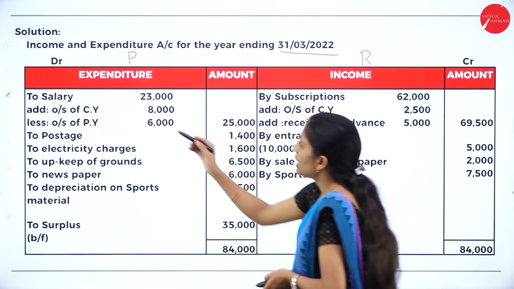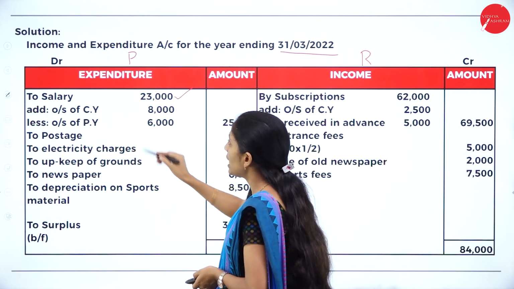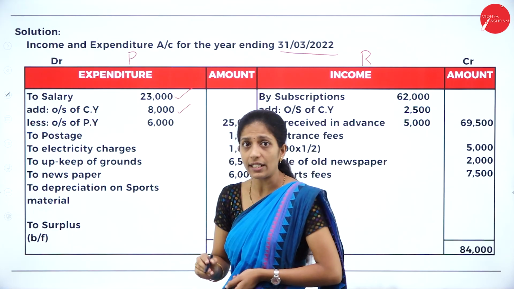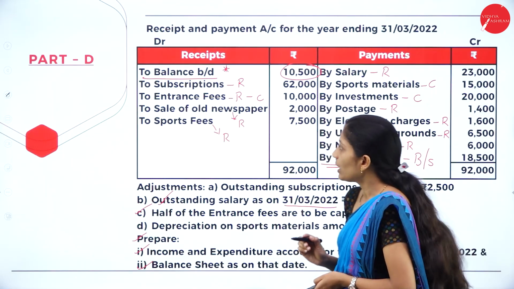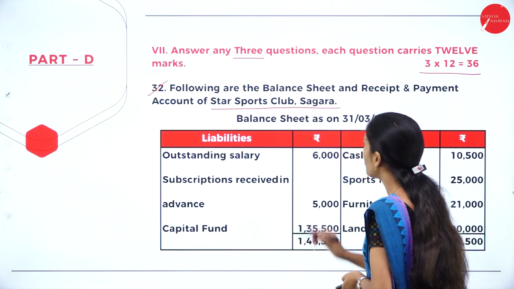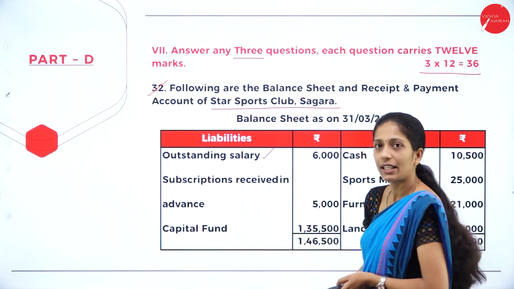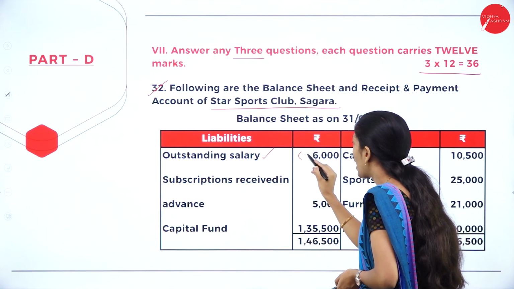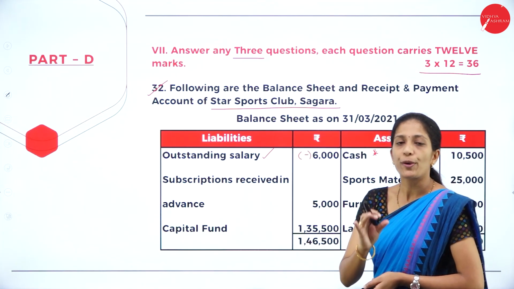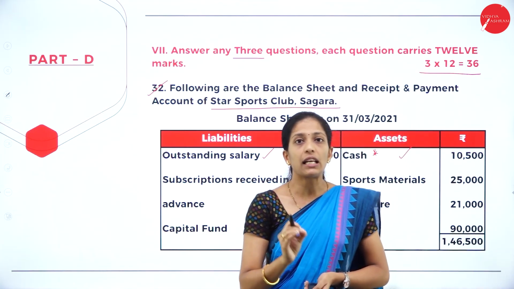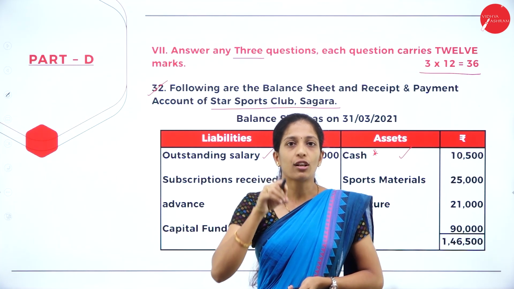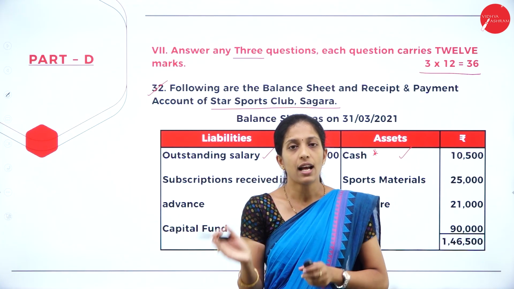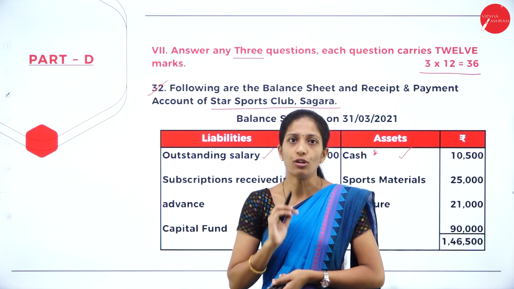So how do you write? To salary 23,000, add outstanding salary of current year 8,000. Now if you see the balance sheet, we have outstanding salary here. Correct? This is of the previous year. So what you have to do? We have to minus. Hope you are clear with outstanding. Any income or expense outstanding of the current year we have to add, outstanding of the previous year we have to minus.